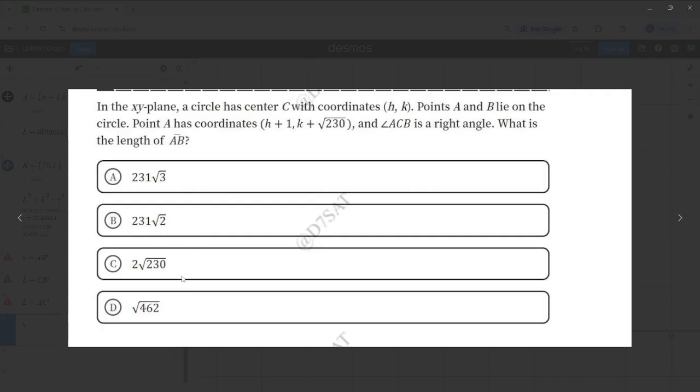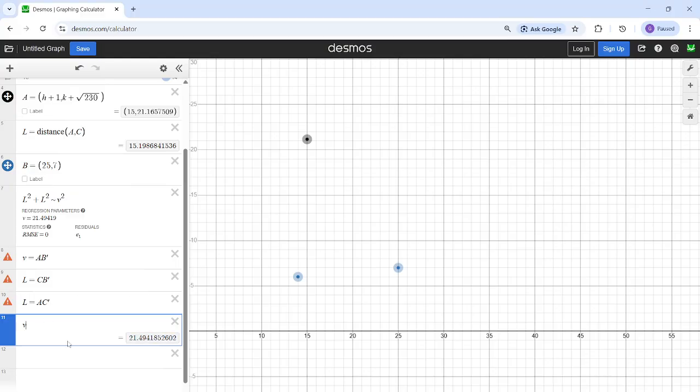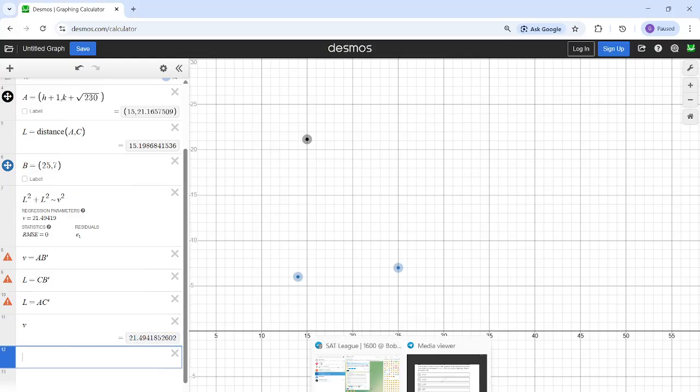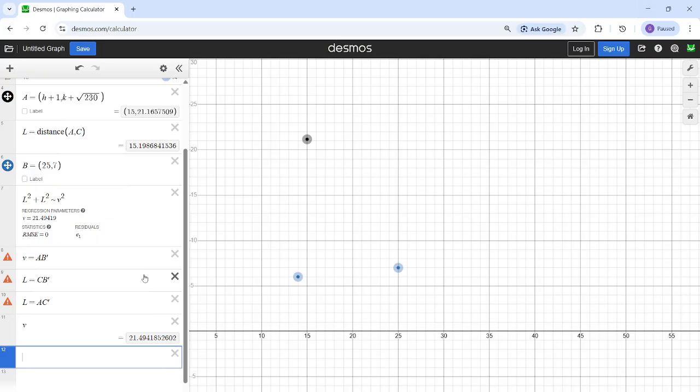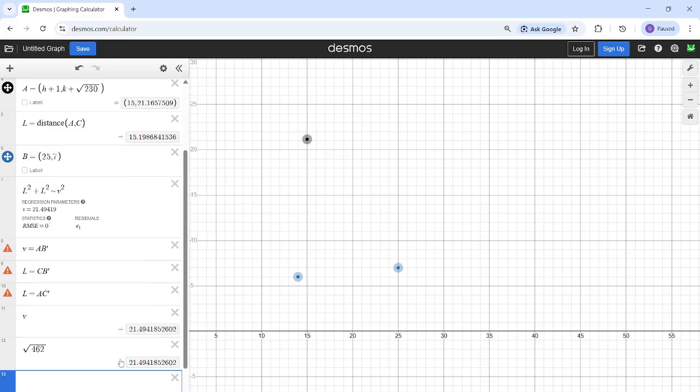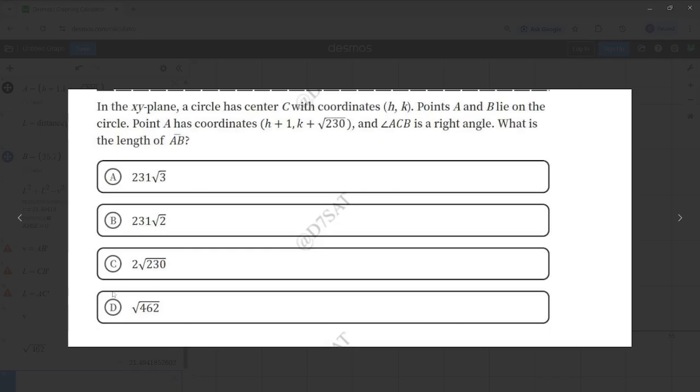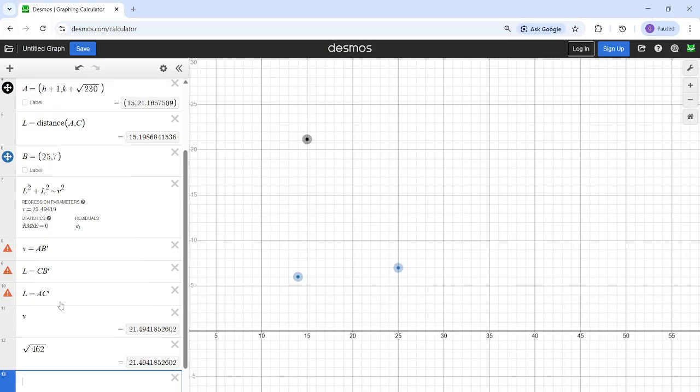What we do now is put all of these values in and see which one of them is the same as the value of V. If we start from answer choice D, square root 462, we can see that V and this number have the same value, 21 point this and that, and so on. So we choose answer choice D, because V and D are the same value.